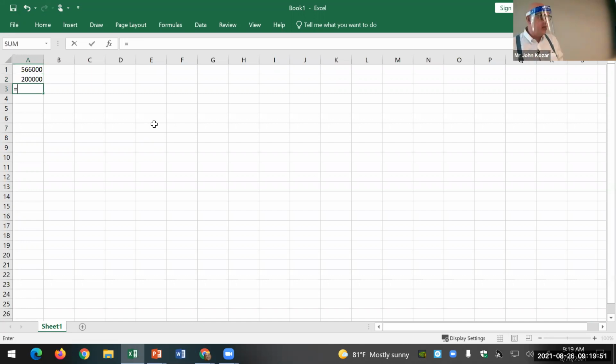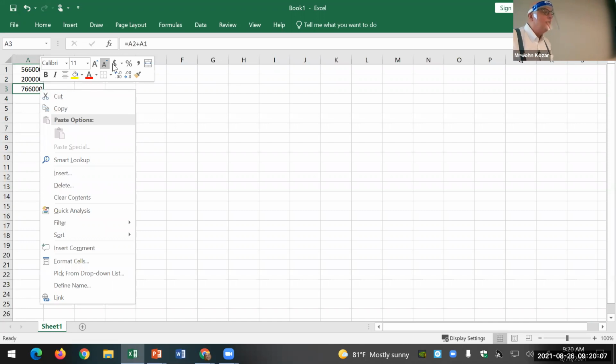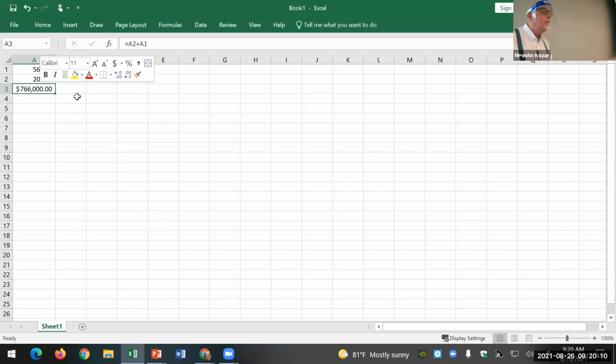Okay, so I'm going to add these two together. So that comes to $766,000. That's our fixed costs plus the profits. And then our contribution rate is $4.86.